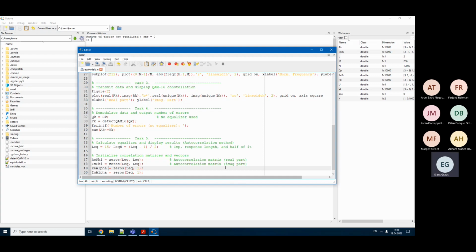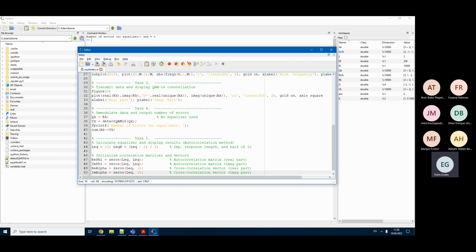Okay, now let us also comment that this is the cross correlation vector, real part, and cross correlation vector, imaginary part. So that is some preparation. We have prepared empty matrices and vectors that we are going to calculate now.